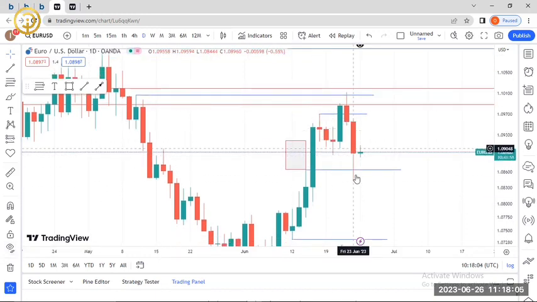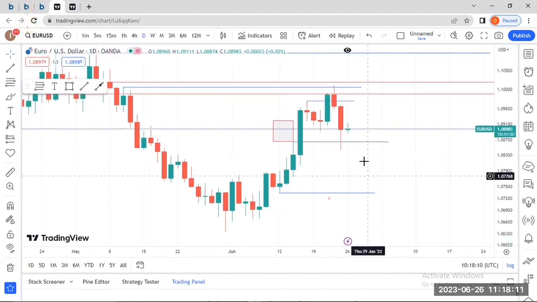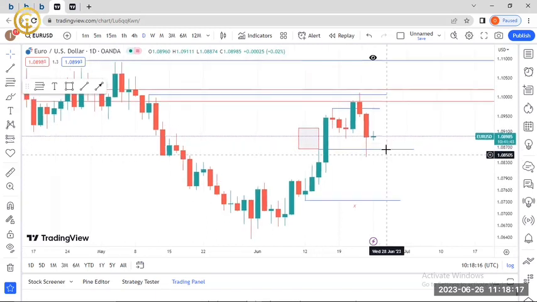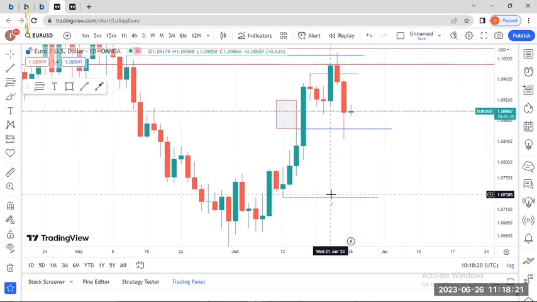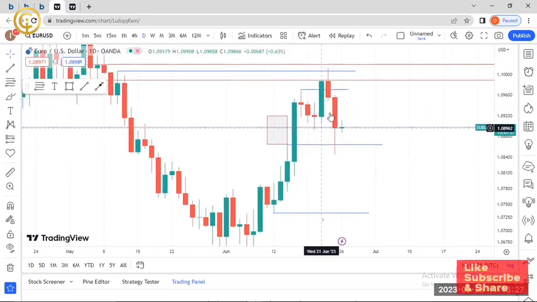So it came down here and took this low, but we don't just say, okay, for the fact that it has come down, let me start looking to buy or sell. We wait for further confirmation. Like, as the dollar, this is our invalidation for the market going long.